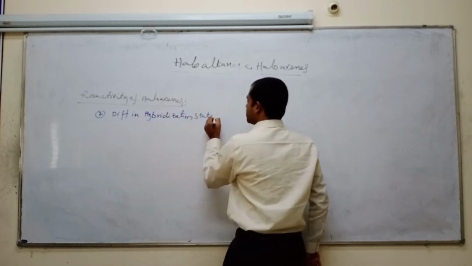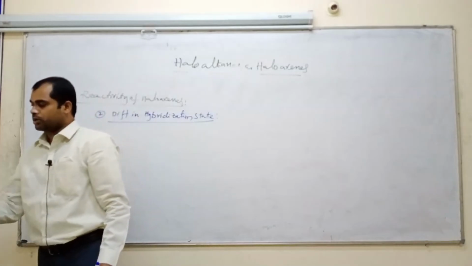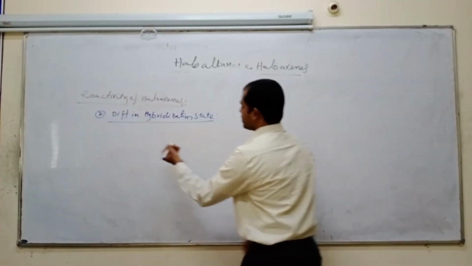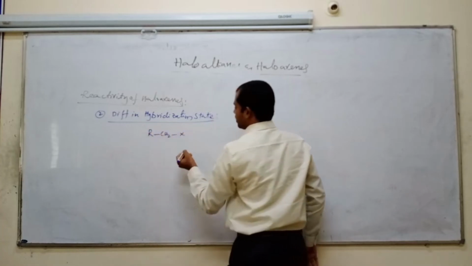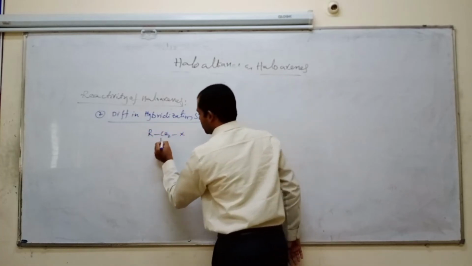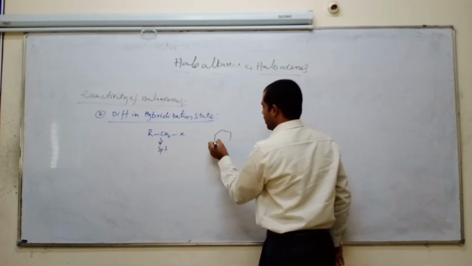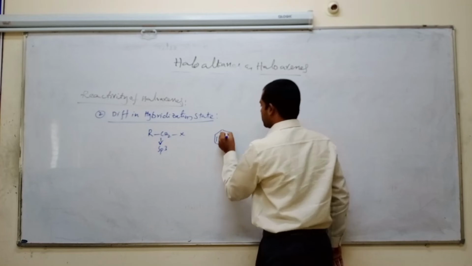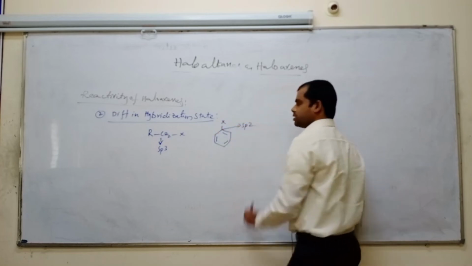What is the difference in the hybridization state? Let us see. In the alkyl halide RCH2X, the carbon has sp3 hybridization. In haloarenes, the halogen is linked to a carbon having sp2 hybridization.